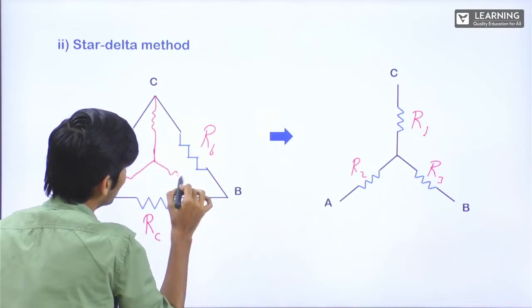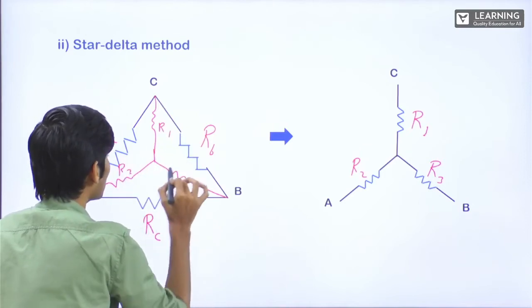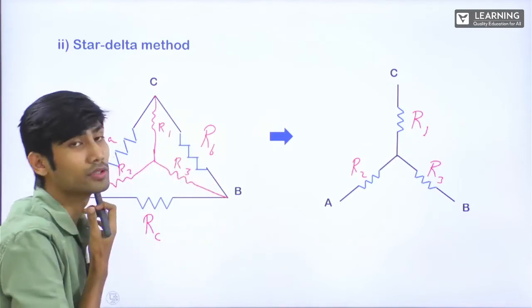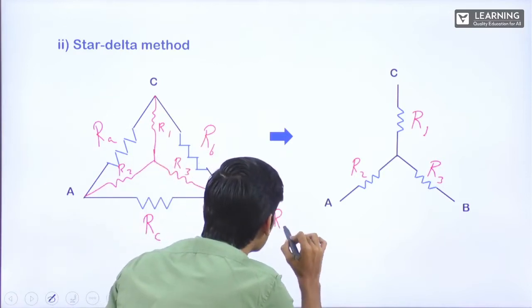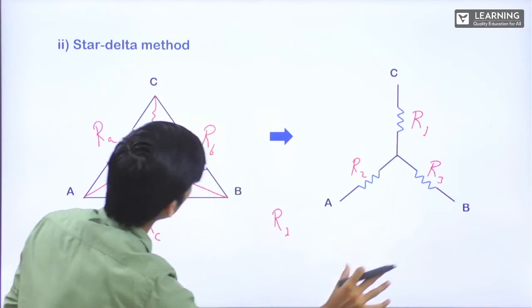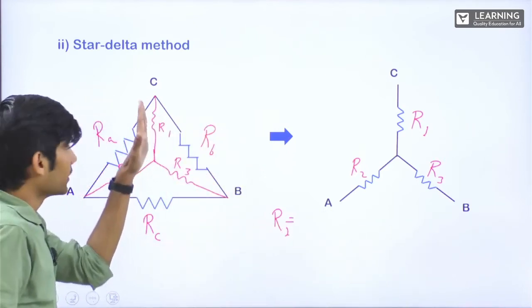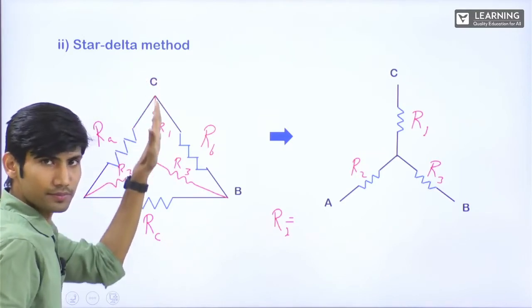I'm just converting it into star. This is R1, this is R2, this is R3. So now the value of this R1 will be... I hope it will come there. Fine. The value of this R1 will be, what you have to see, this resistance we have to find out.